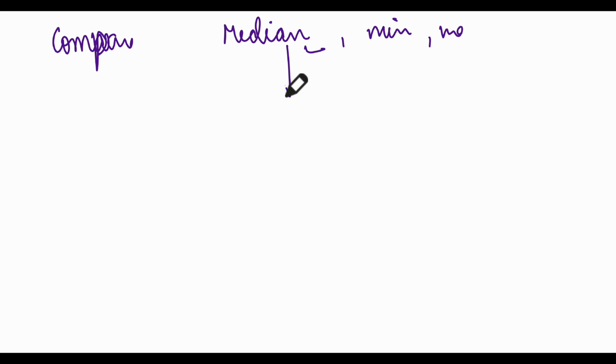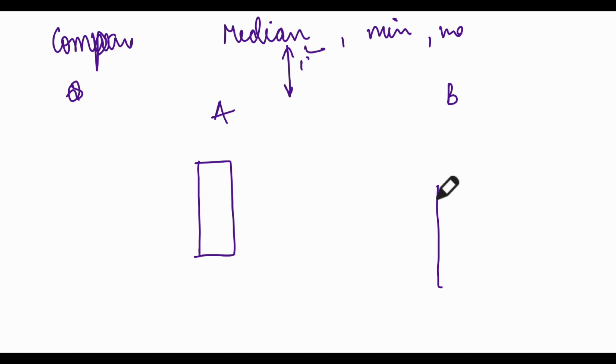So basically it gives the interquartile range, and the minimum and maximum value. For example, let's say there are two variables, A and B. You want to compare them. What you can do is simply create their box plots, something like this, or on a parallel scale, and through this you can see that for variable A my median value is higher.